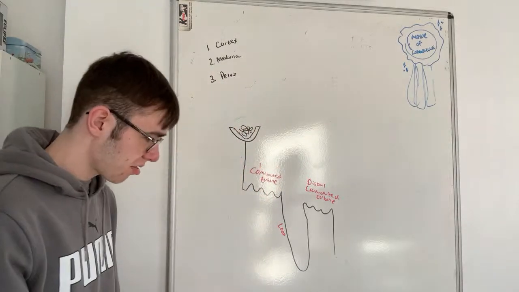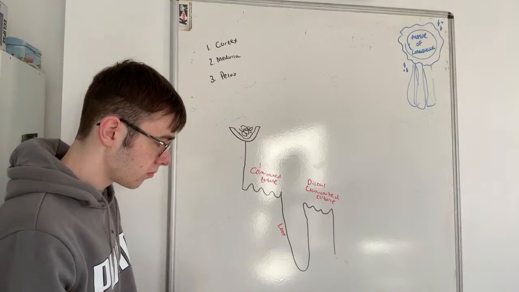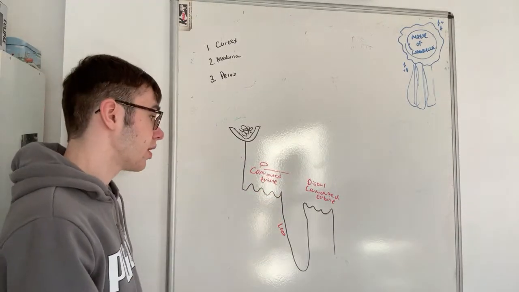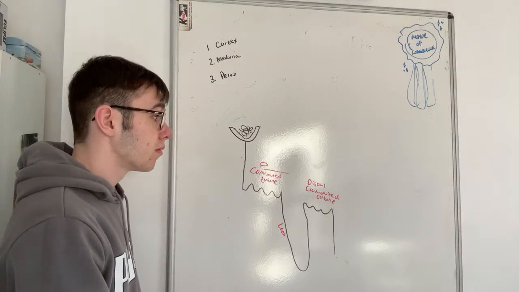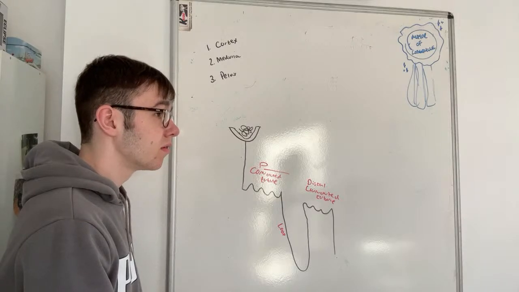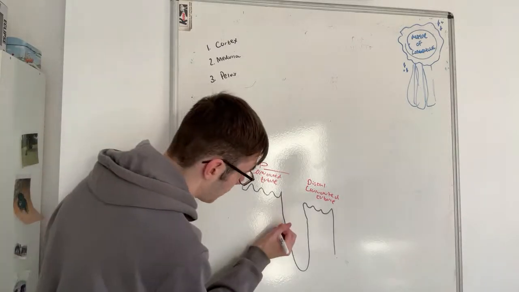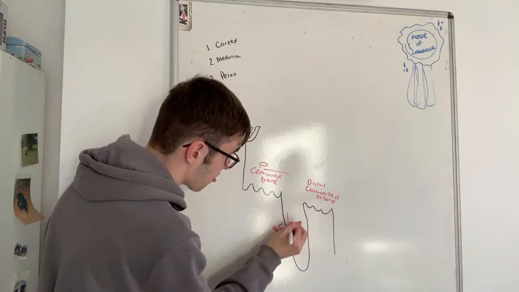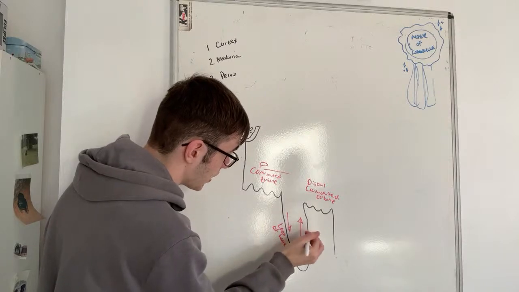Is it PCT? I don't recall the word. The distal and something convoluted tubule. That's the loop of Henle. You have the descending and ascending limb.